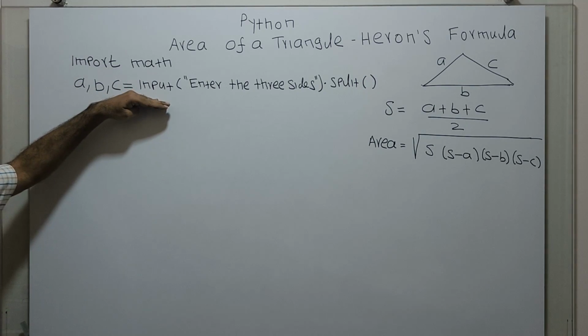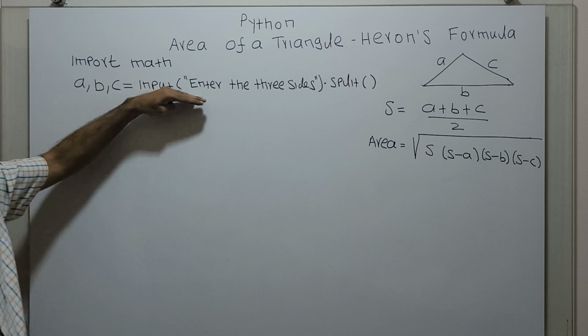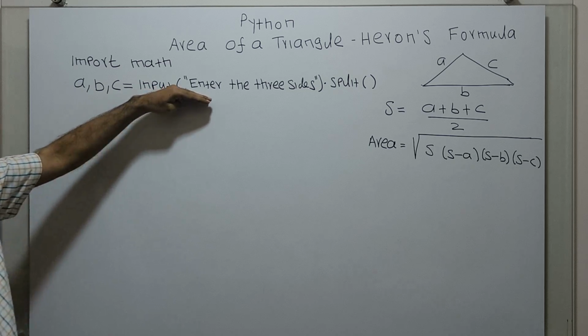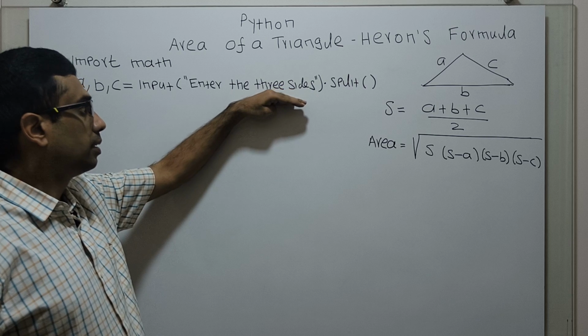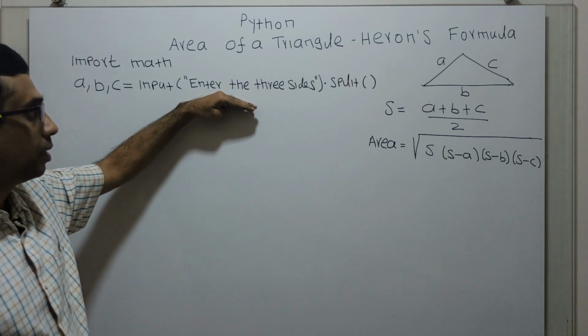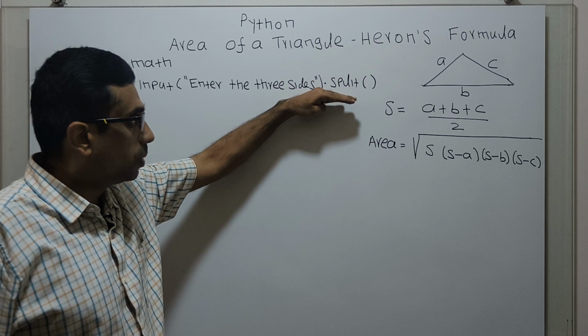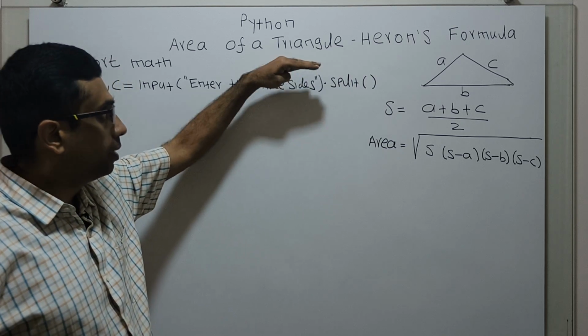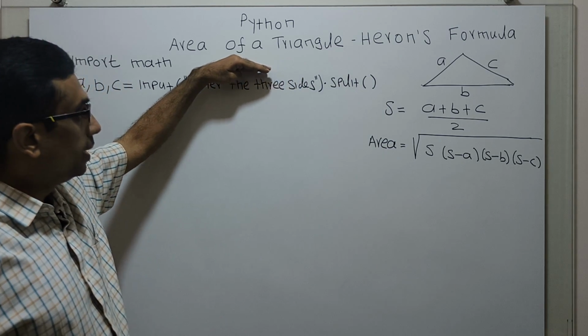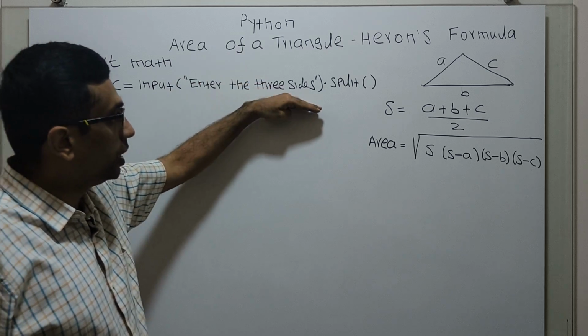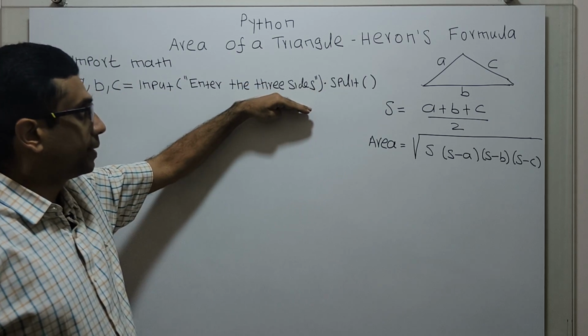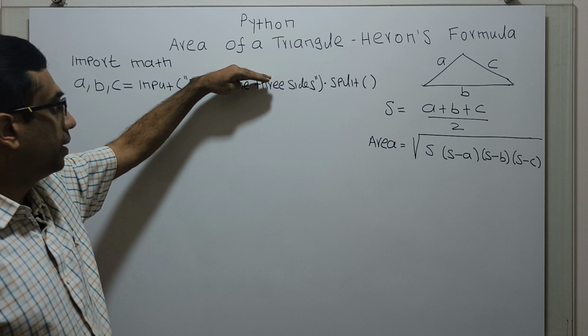The input function is used to obtain the input from the user. It will display the message, enter the three sides, to the user. The split function will split the entered values by using white space and store the values.